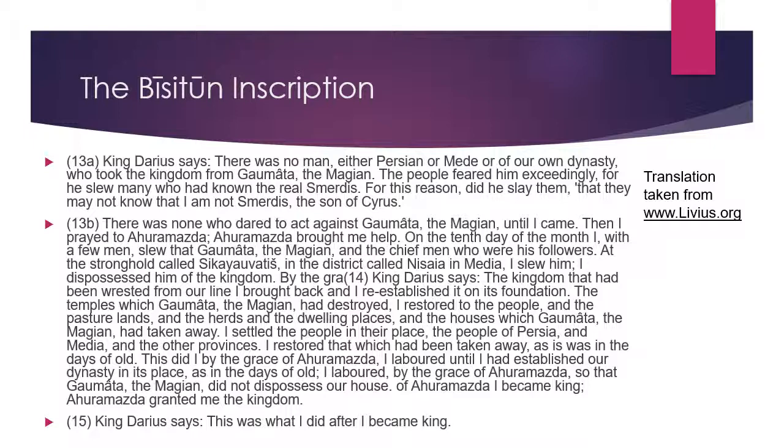On the 10th day of the month, I and a few men slew Gaumata the Magan and the chief men who were his followers at the stronghold called Sigvartis in the district called Nisaea in Media. I slew him, I dispossessed him of the kingdom. King Darius says, the kingdom that had been wrested from our line, I brought back and I re-established it on its foundation. The temples which Gaumata had destroyed I restored to the people, and the pasture lands, and the herds, and the dwelling places, and the houses which Gaumata had taken away.